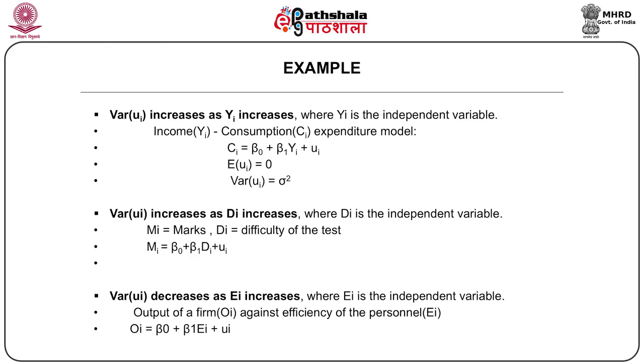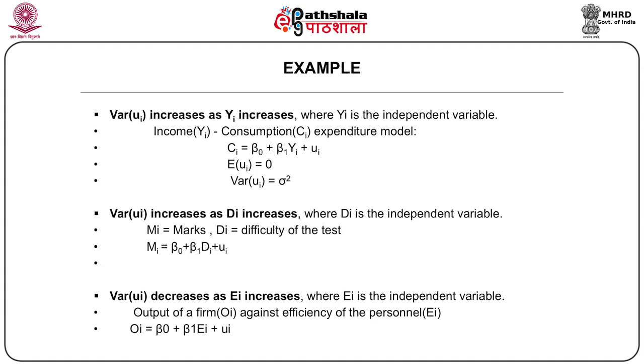In the second example, we have the independent variable DI, which denotes the difficulty of a test, and the dependent variable MI denotes marks obtained on the test. Then in this regression model, the variances of the error term UI increase as DI increases.